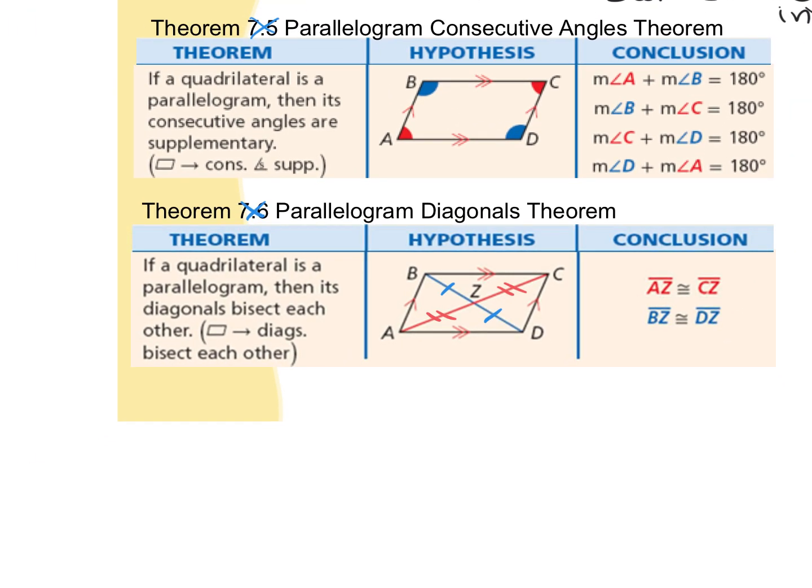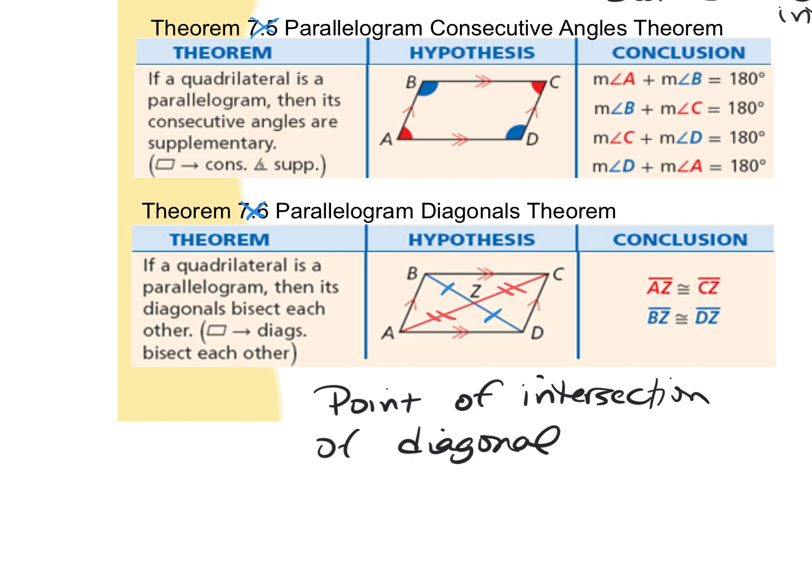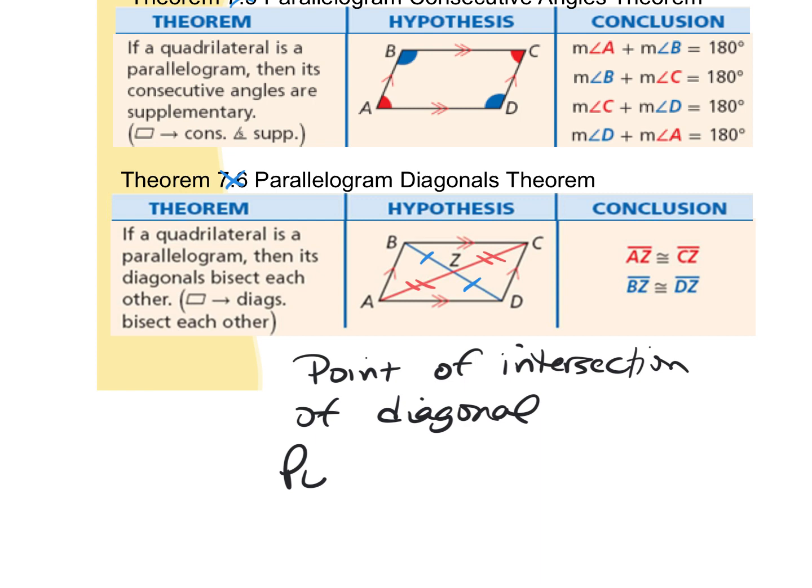Now, in the homework tonight, they're going to ask you to find the point of intersection of the diagonals. If you think about this logically, the diagonals are bisected, so point Z here is actually the midpoint of the diagonals.